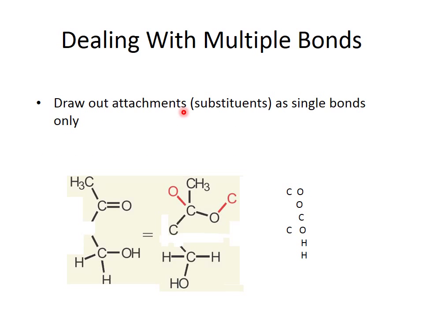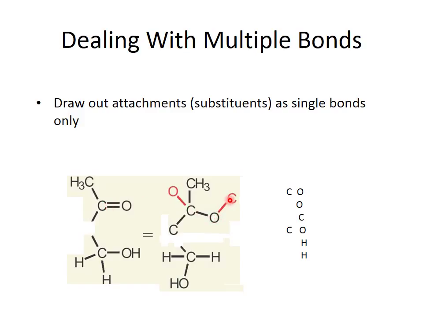Okay, so now we're going to look at dealing with double or triple bonds. When you look at a substituent that has a double bond in it, draw it out as if it is single bonds. How do you do that? This carbon is attached to 2 oxygens, so we draw 2 oxygens out. Then we recognize that the oxygen also is bound back to 1 carbon.